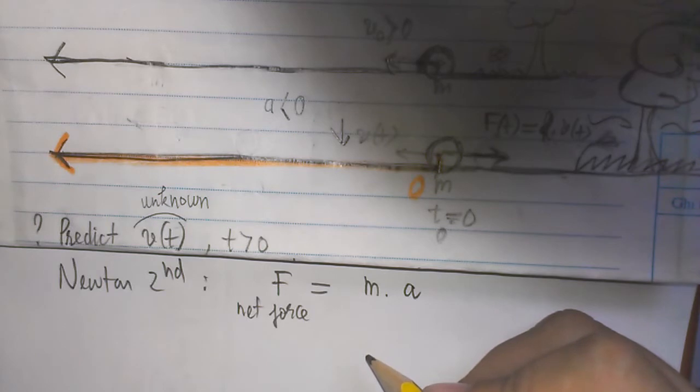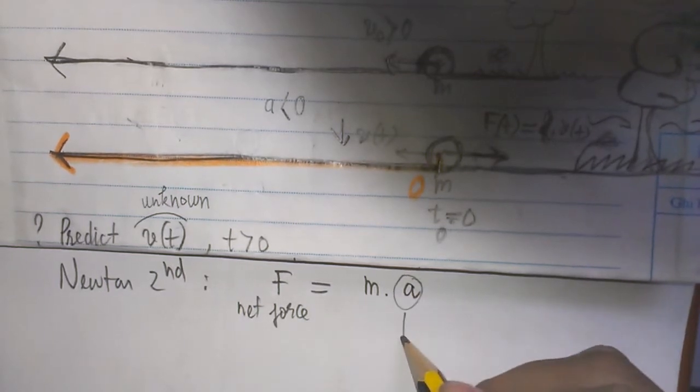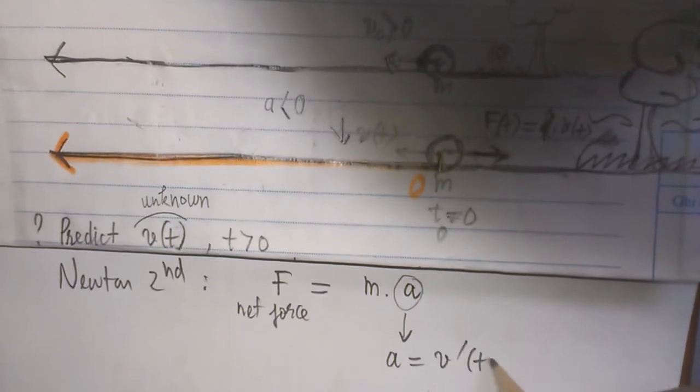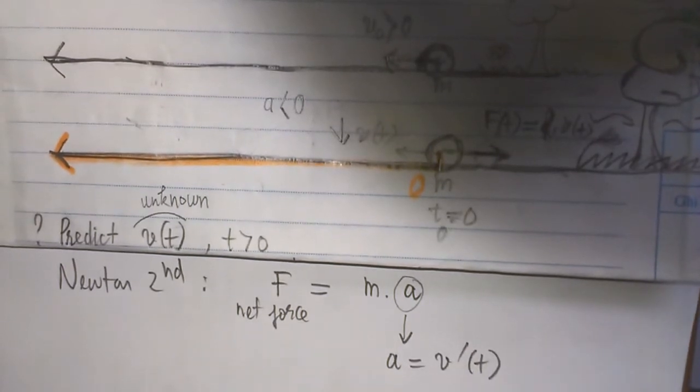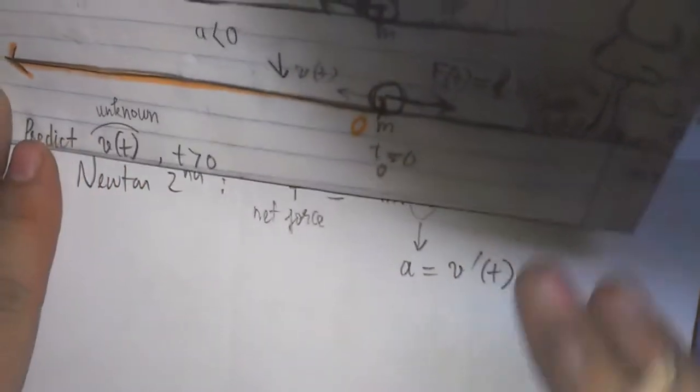Moreover, the acceleration is actually the derivative of velocity. So a is actually the derivative of v(t).